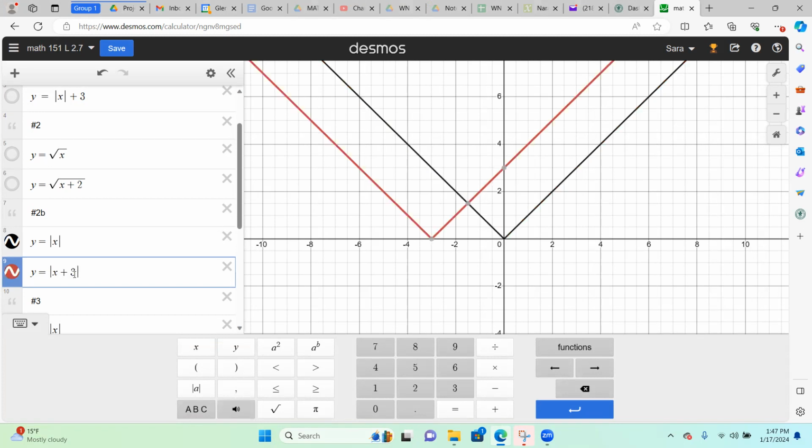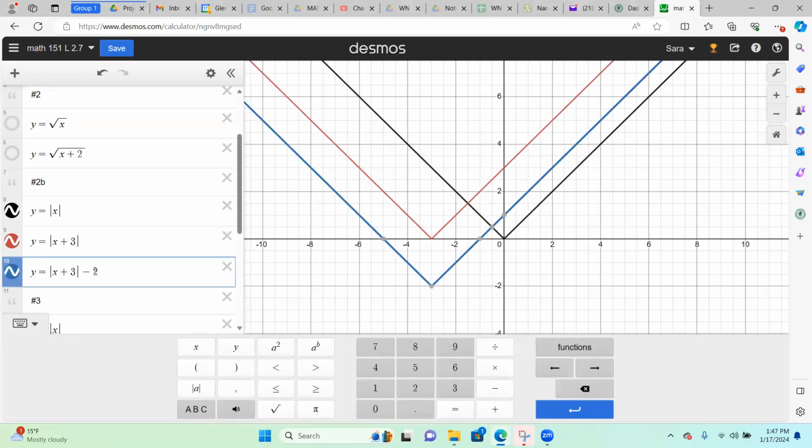So that did shift it left. Okay, then I'm going to copy that, so I'm going to have 3 entries here. And after I shift it left, I'm going to subtract 2 and it shifts it down 2. So we shifted from the black to the red to the blue, to the left and down.